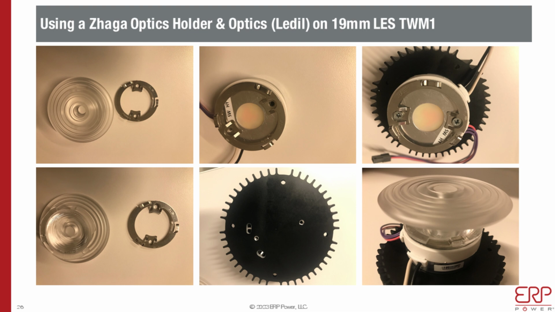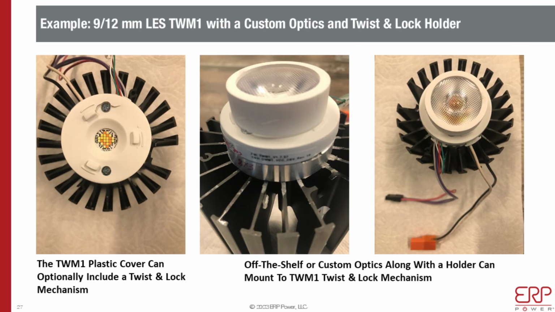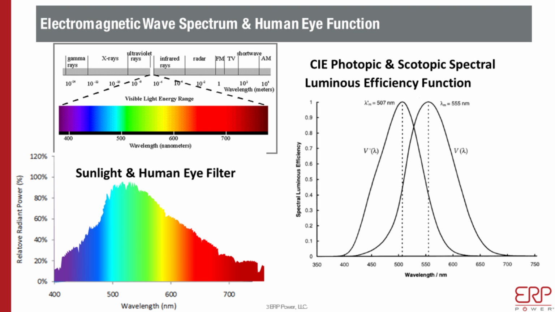We just put our TWM1 and connected it, and boom, you have the fixture. Again, I'm not going to go through any detail. But also you can customize things and come up with your own. Let's say we do this plastic. If somebody has their own custom optic with their plastic holder, we do this holder or the top plastic so that you can mount these existing optics with the holder.